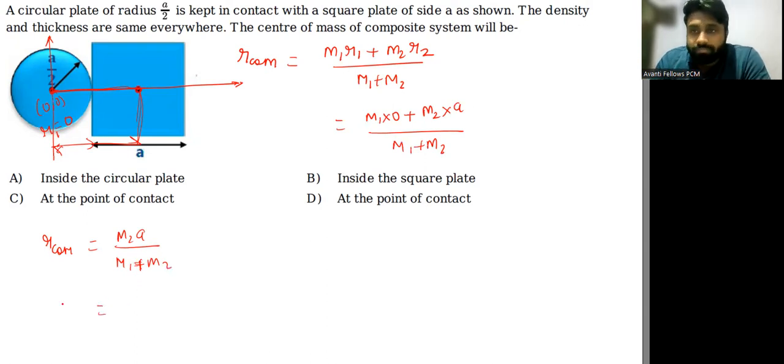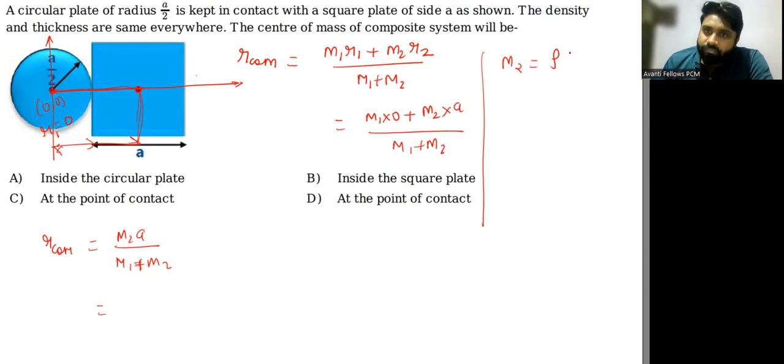Now, m2 and m1 we need to find. We can say that m2 is nothing but the density of that particular material into volume. Now we know that volume we can also calculate by area into thickness of that particular element. So for m2 it is rho 2 into a2 into t2.